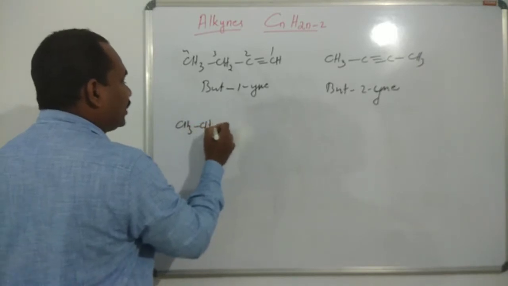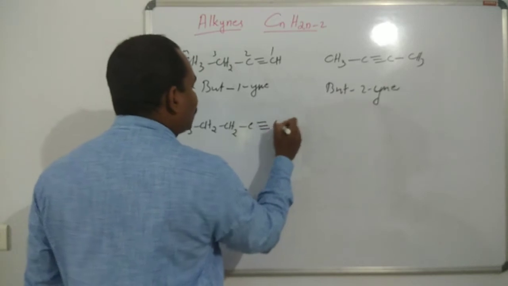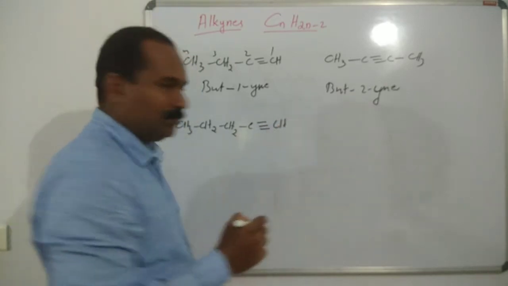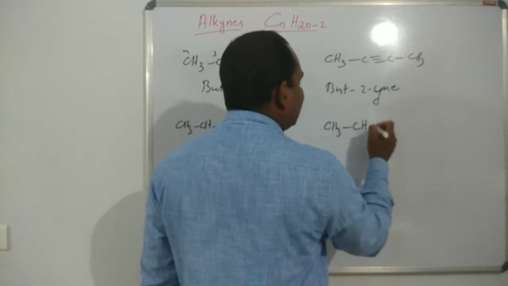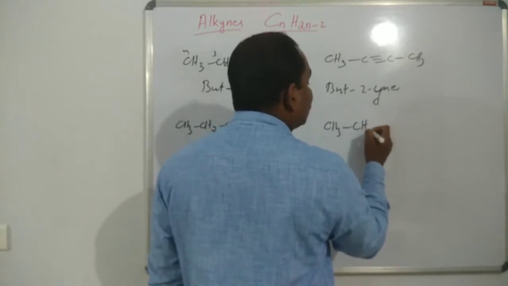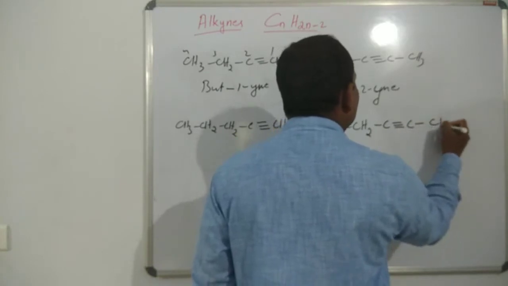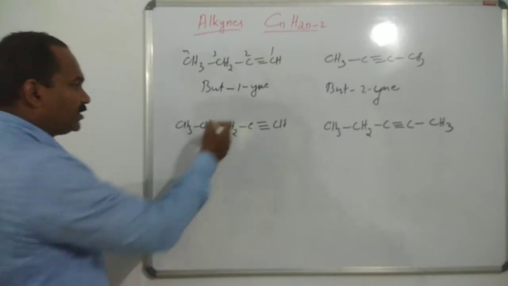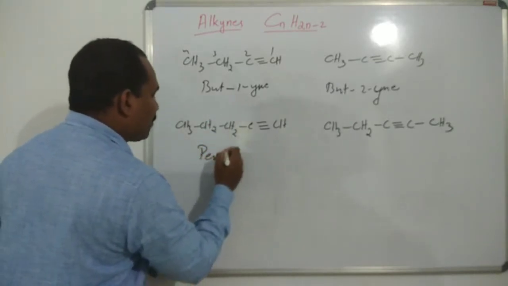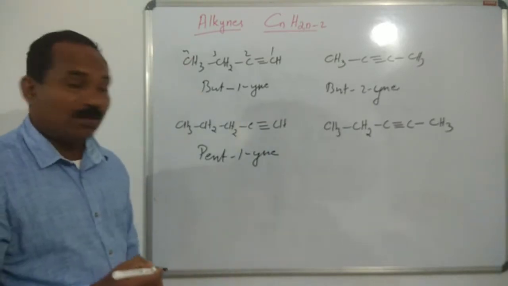Another one. CH3, CH2, CH2, C triple bond CH. Then CH3, CH2, C triple bond C, CH3. What is it? It's pent-1-yne.